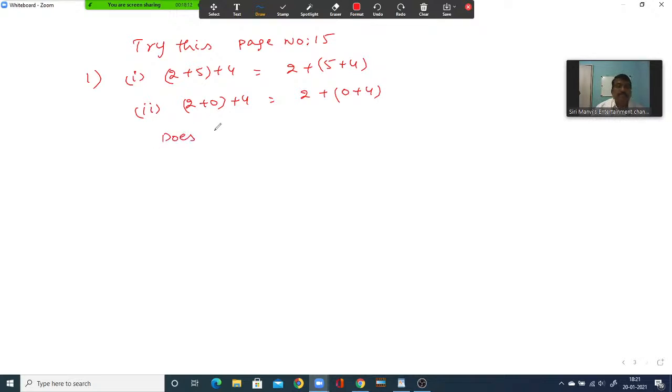Does the associative property hold for whole numbers?